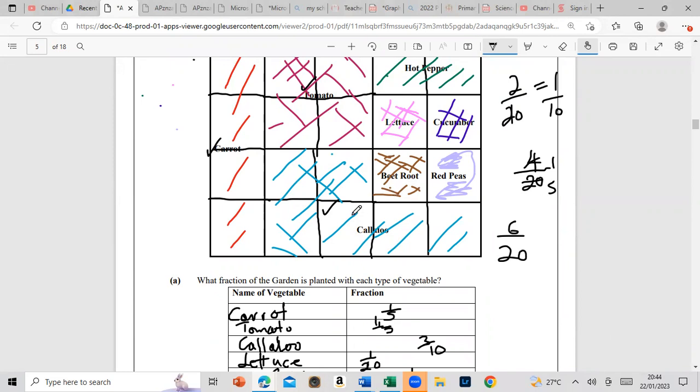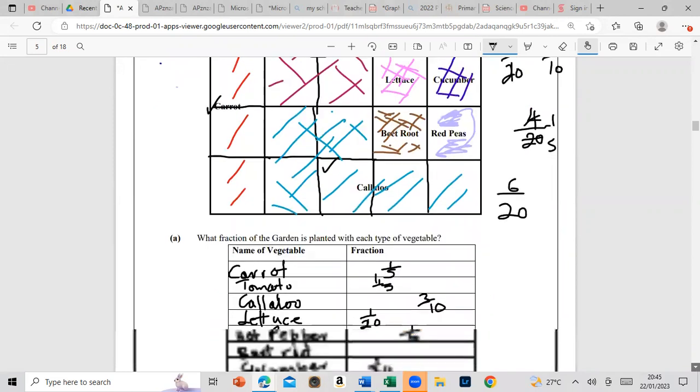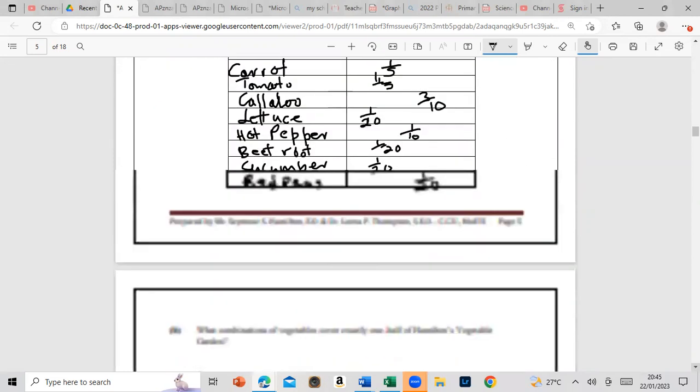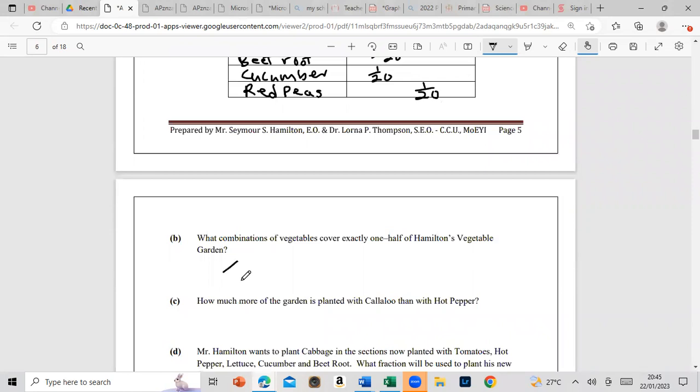Or we could say callaloo and tomato, so callaloo and something that has 4. So it's callaloo and carrot. Or callaloo.